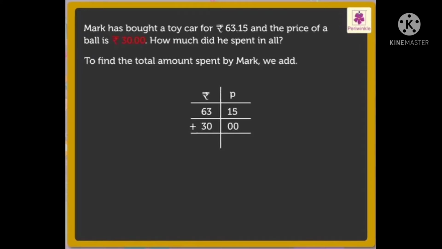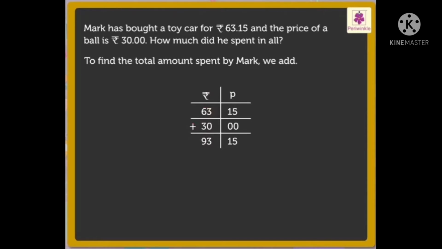Look, we write 30 rupees as 30 under the rupees column and 00 under the paise column. On adding the paise, we get 15 plus 0 is equal to 15 paise. And on adding the rupees, we get 63 plus 30, that is equal to 93 rupees.